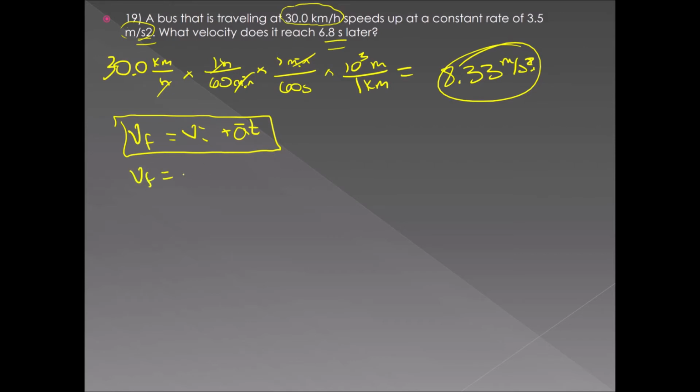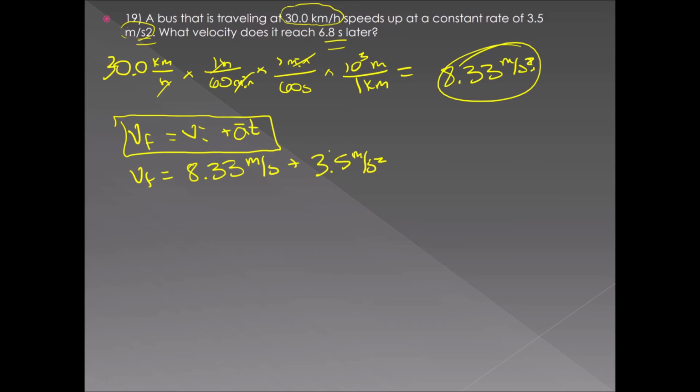My initial velocity was 8.33 meters per second plus 3.5 meters per second squared. Since it's speeding up, we know that the velocity and the acceleration are in the same direction. We're saying it's positive.